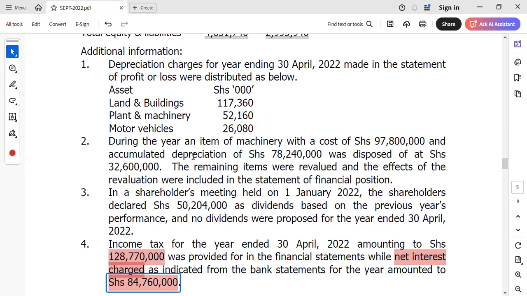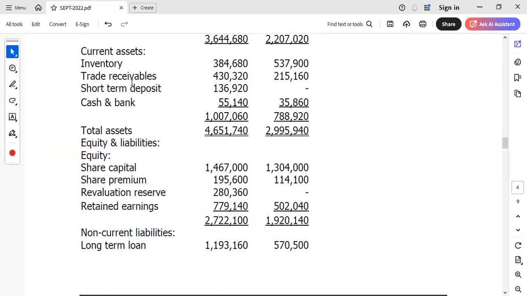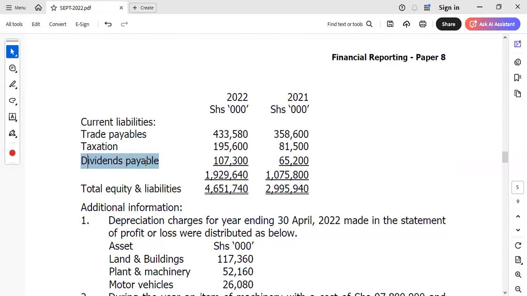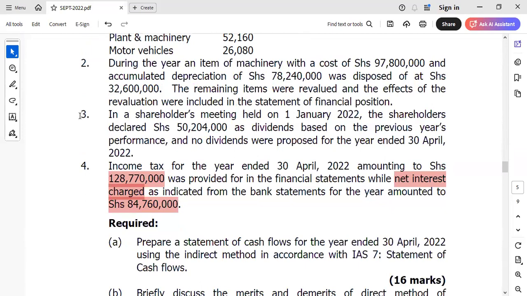You need also to check and see. These are some of the things as you read, as you utilize those 15 minutes in an exam. Those are some of the things you try to find out. Are you given the dividends? Of course, now when you check in the balance sheet, you have the dividends. So it means that there must be the dividend that was declared during the year. Let me see. Or you go to additional information and first check.